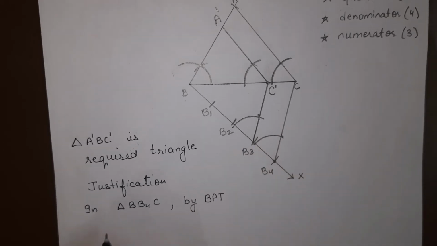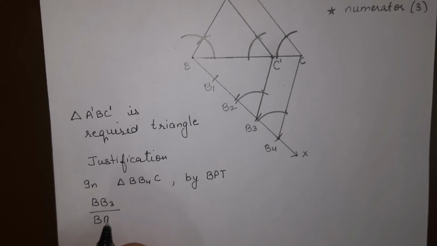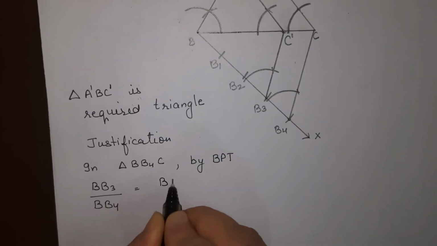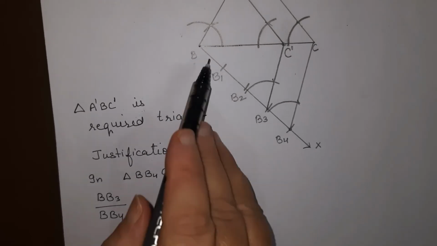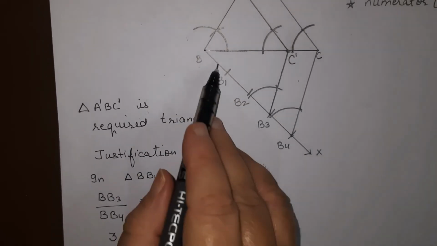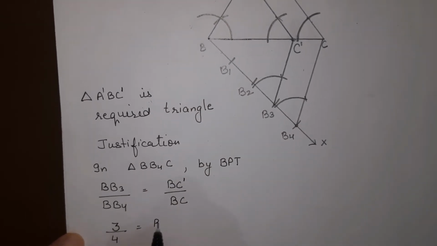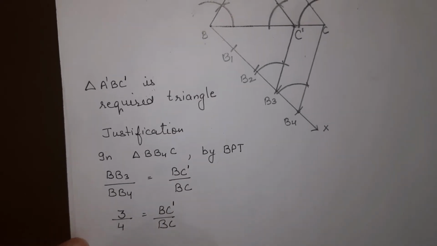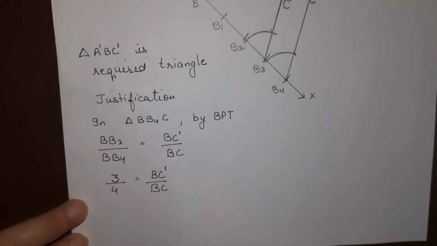So by BPT we have BB3 over BB4 equals BC dash over BC. Now this BB3 is 3 parts and BB4 is 4 parts, equal to BC dash over BC. That means the ratio of BC dash over BC is 3 over 4.